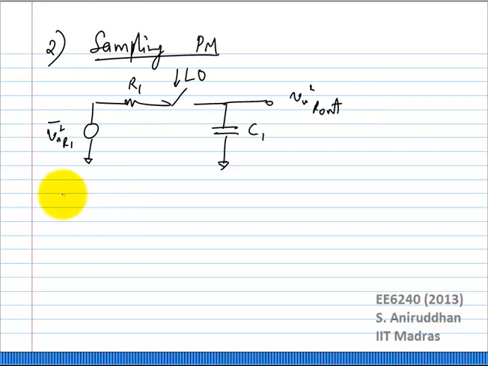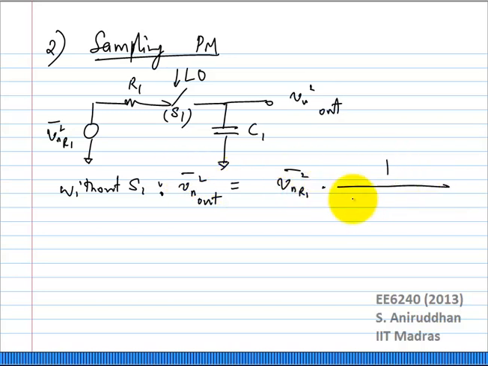So without the switch, this is S1. This is just Vn squared out, which is Vn squared R1 times 1 by 1 plus (R1 C1 omega) the whole squared.